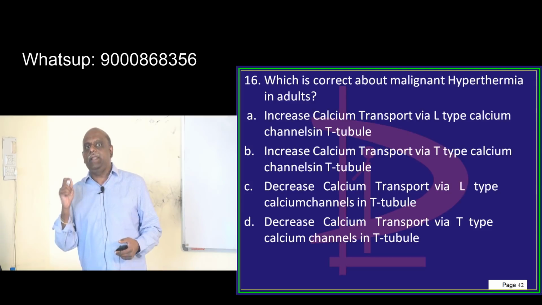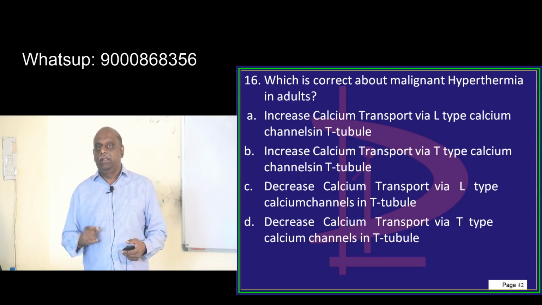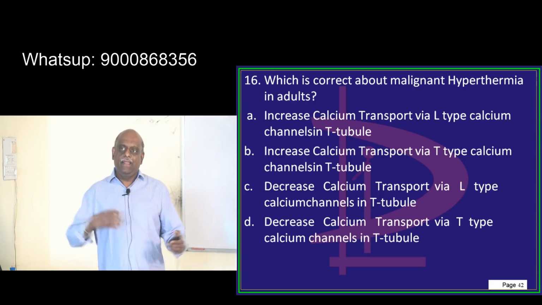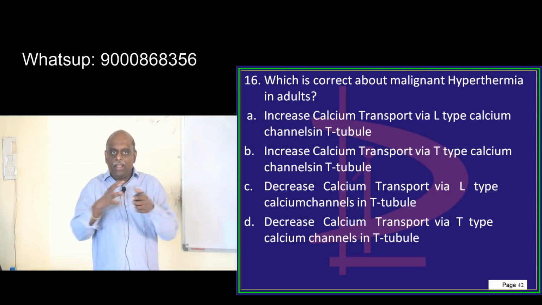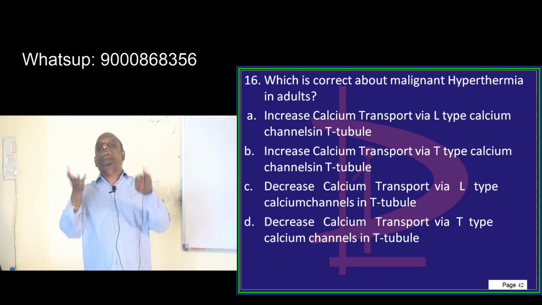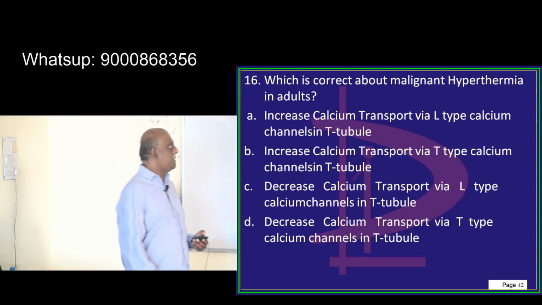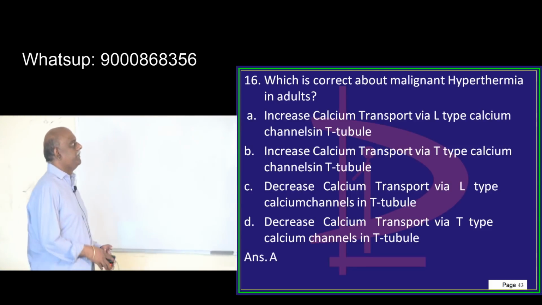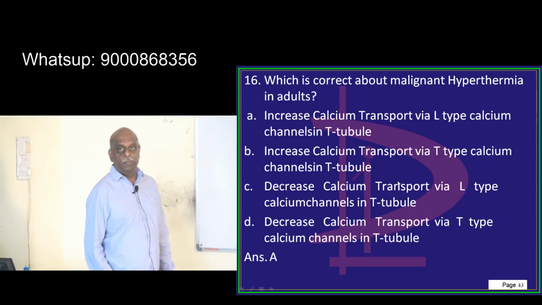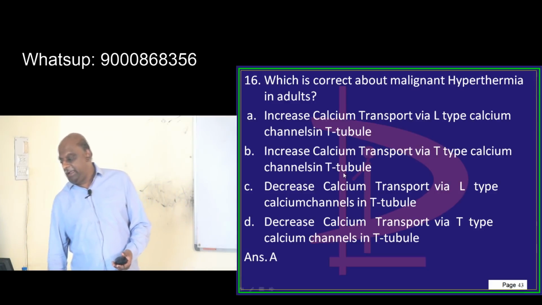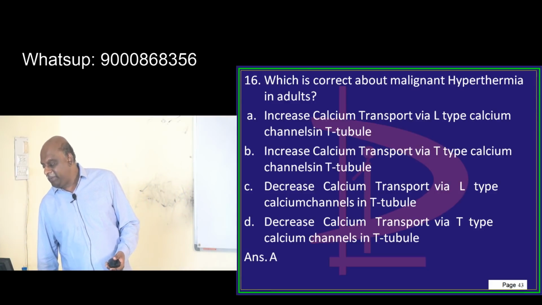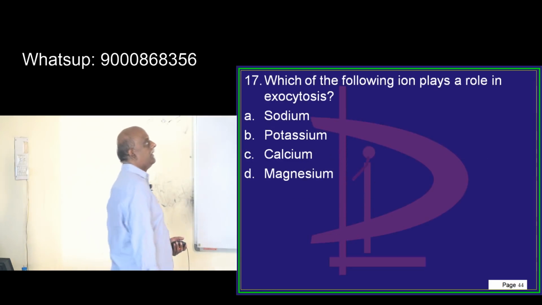Any congenital abnormality of them leads to unnecessary, continuous release of calcium and a strong actin myosin interaction leading to the generation of heat, which is the basis of malignant hyperthermia. So, increased calcium transport via L type calcium channels in the T tubule due to the ryanodine receptor abnormality is the basis of malignant hyperthermia, is what you have to be doubly sure about.